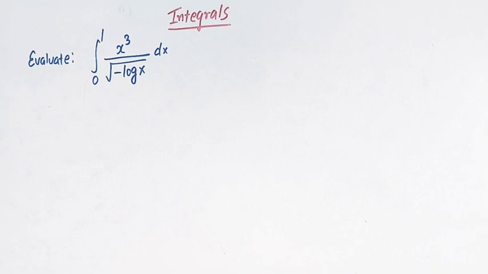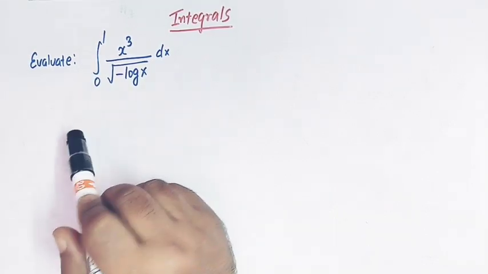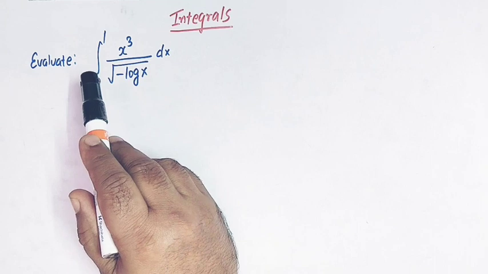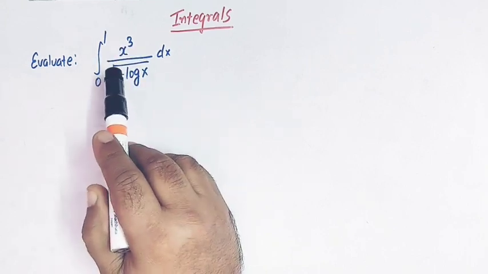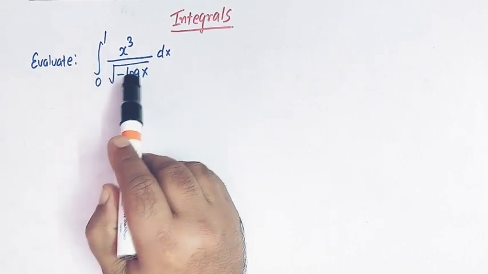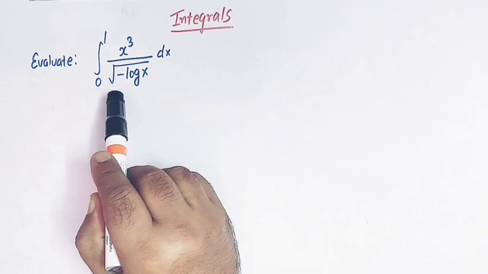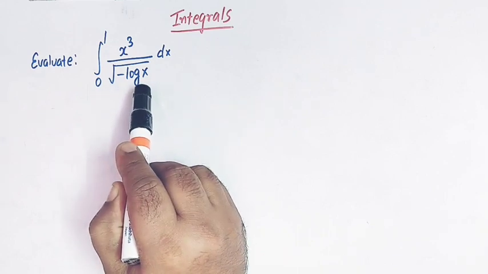Hello viewers, in today's class we are going to discuss yet another important and very interesting definite integral, right? And in this class we are going to discuss this important integral which is from 0 to 1, and the integrand is x cube divided by square root of negative of log of x, right?